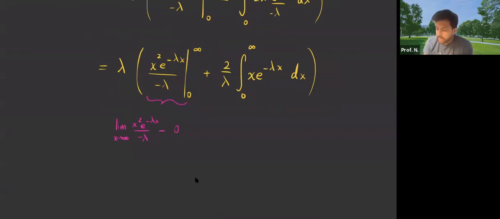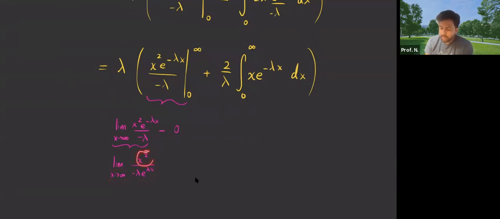Now, what happens when x goes to infinity? Well, we can treat this limit as a case of L'Hopital's rule. If I place the e to the negative lambda x in the denominator, e to the lambda x, the reason why we can apply L'Hopital's rule is that this goes to infinity as x goes to infinity, and this denominator goes to infinity as x goes to infinity.